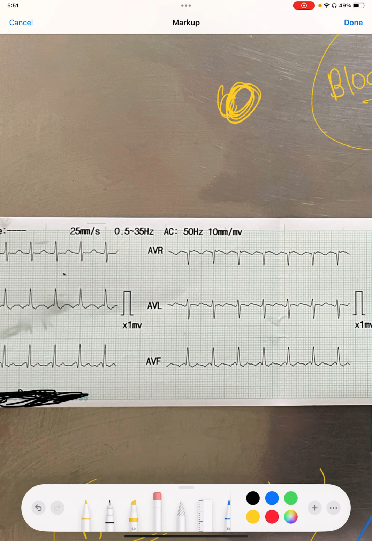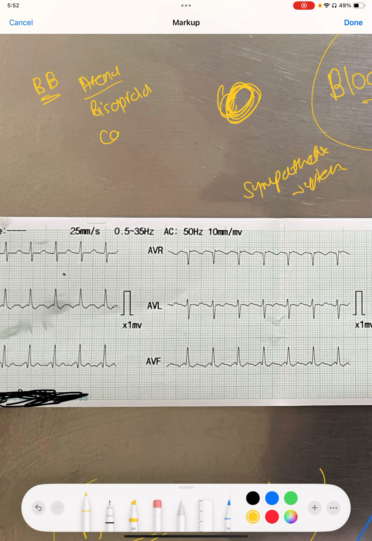So what are the drugs? Very commonly, as this is an atrial rhythm, a sympathetic surge is very common. Sympathetic system activation very commonly increases the heart rate. So we use selective beta blockers, meaning heart selective beta blockers, which act at the SA node, like atenolol, metoprolol, bisoprolol, carvedilol.